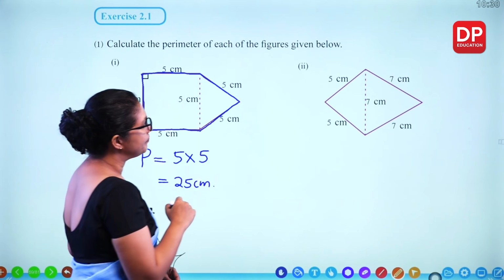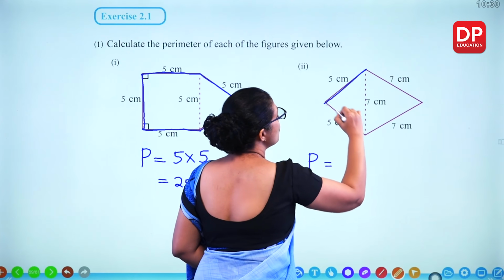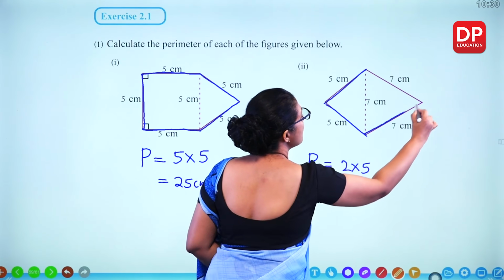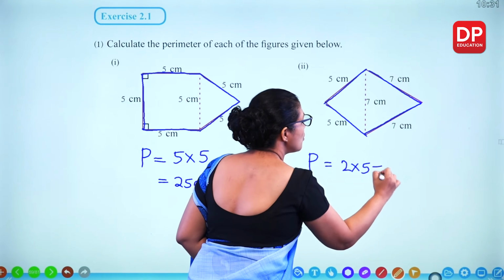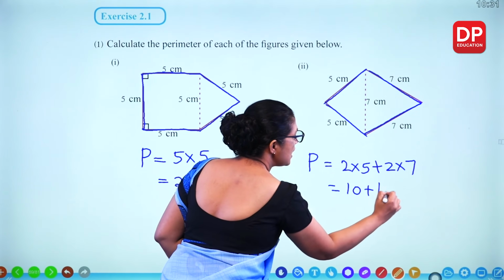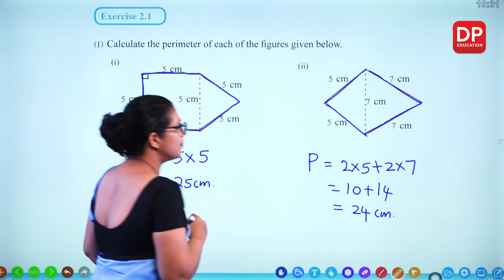This one. 1, 2. 2 times 5. 7, 1, 2. 2 times 7. 10 plus 14, that's 24 centimeters.